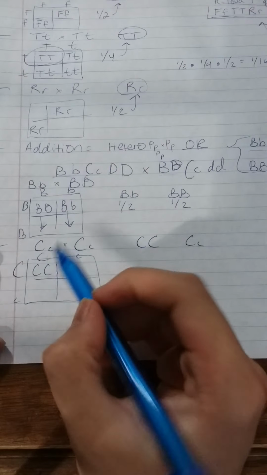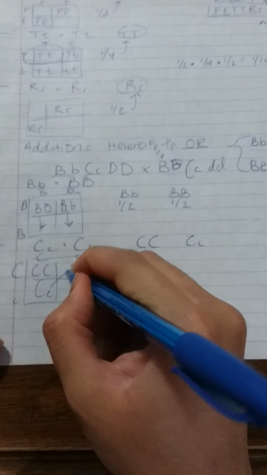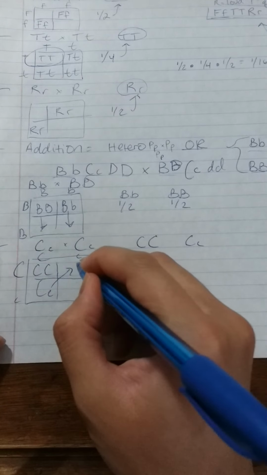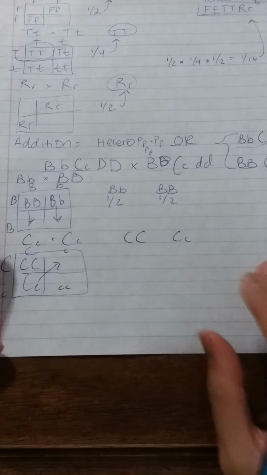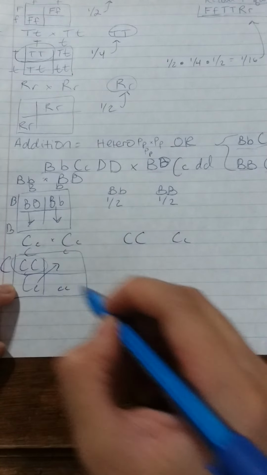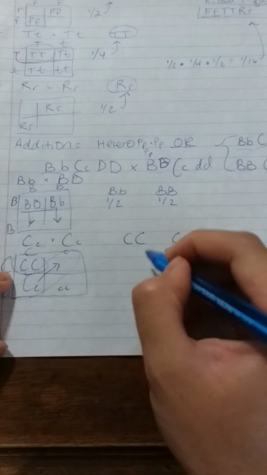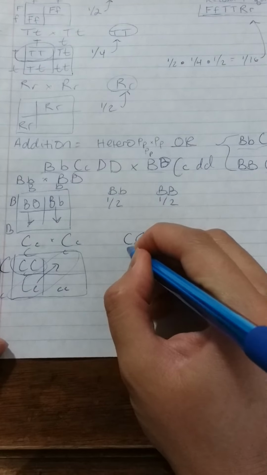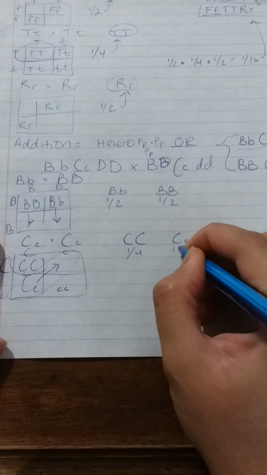We have our CC, two big C's there, and we're going to have another Cc over here. We're also going to have that heterozygous individual over here too, and our little c's in that last box. We're looking for this, and we're also looking for these two. So this first one, the homozygous dominant, is a 1/4. This one is a 1/2.